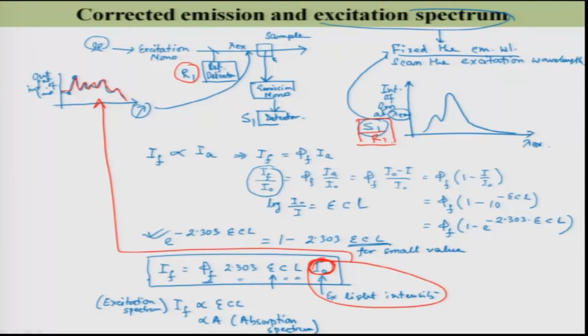Please note that whenever you measure this excitation spectrum, this is important, because if the absorption spectrum and excitation spectrum are the same, it means that there is no structure change, no reaction taking place in the excited state. If they are different, that means there is a change in the structure of the molecule in the excited state. So, we need to perform this excitation spectrum every time and see whether it is the same as the absorption spectrum, but it will never match if you do not do it that way, that is S 1 by R 1.